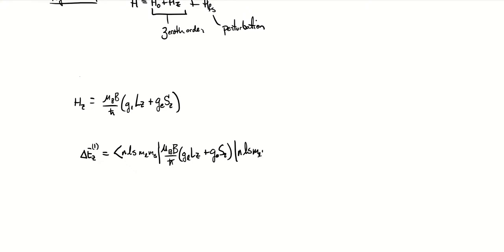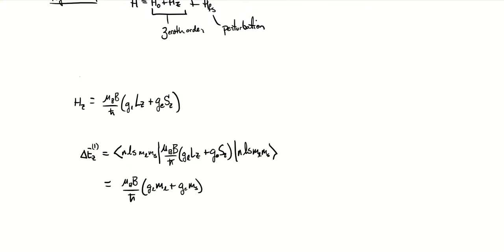The action of that Hamiltonian on these basis states gives us an eigenvalue equation, and we can really quickly see that that energy shift is equal to g_L times m_l plus g_e times m_s.